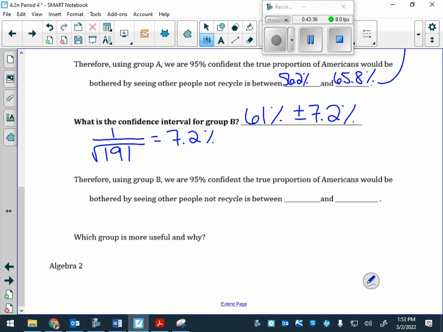So actually, if you answer this: we are 95% confident the true proportion of Americans who would be bothered by seeing other people not recycle is between what?